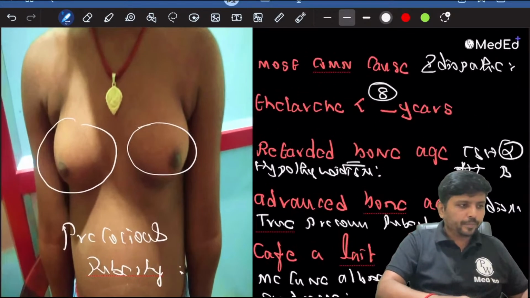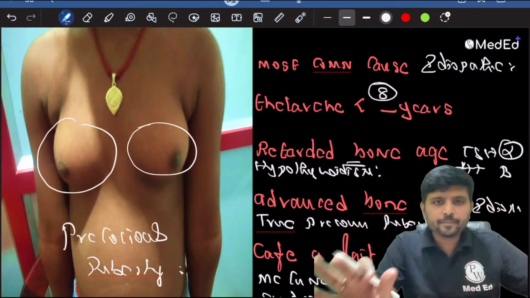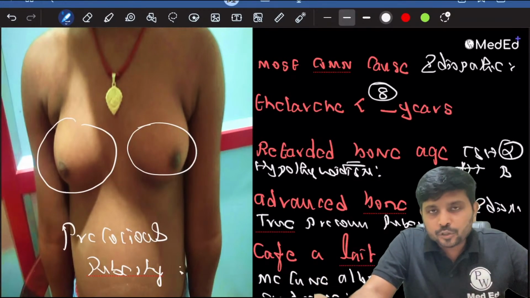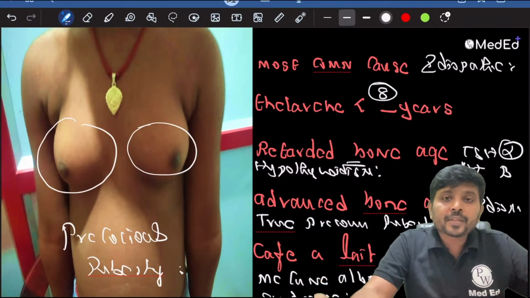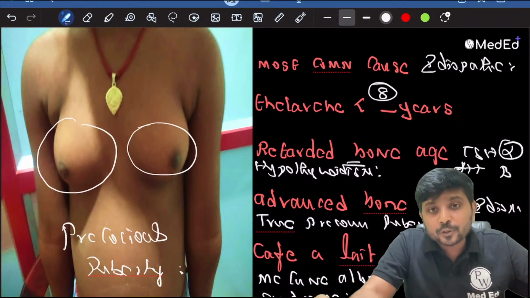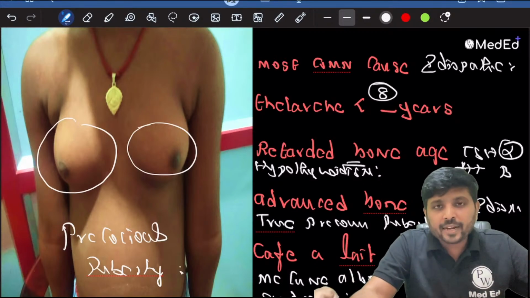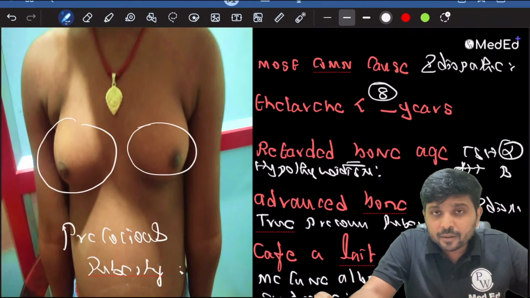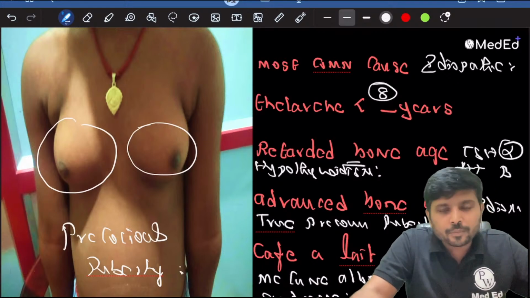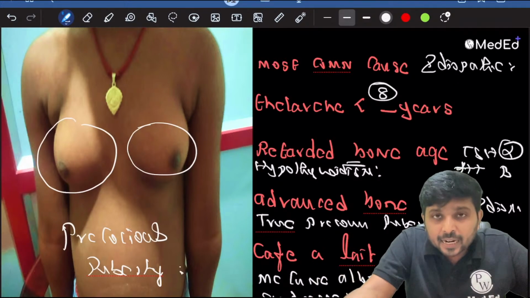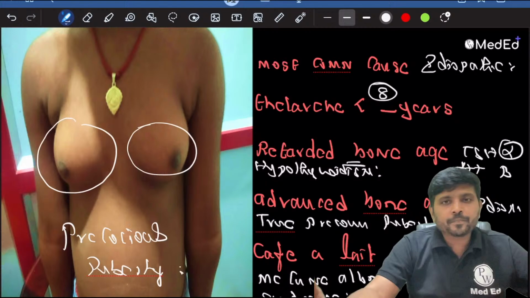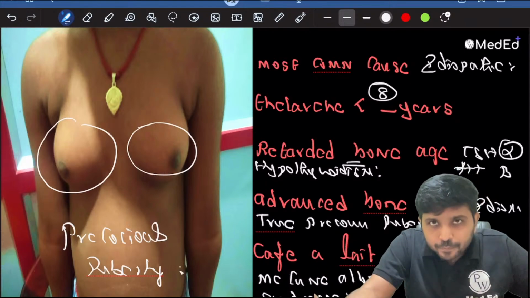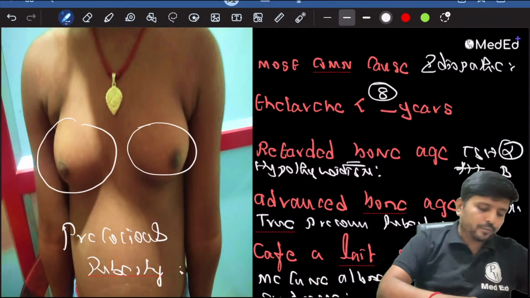So this is about precocious puberty. Very, very important. Most common cause is idiopathic. Centrally mediated will be associated with thelarche, whereas peripherally mediated will be associated with only menstrual bleeding. With retarded bone age it is hypothyroidism. With café-au-lait spots it is McCune-Albright syndrome.